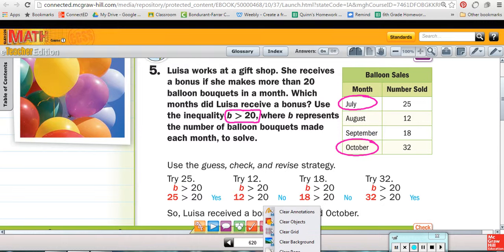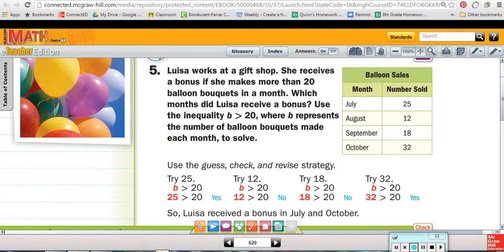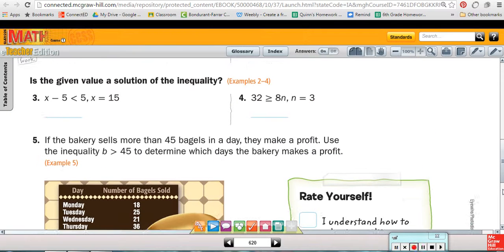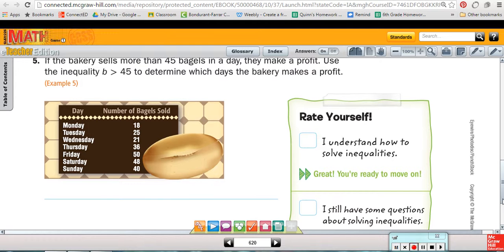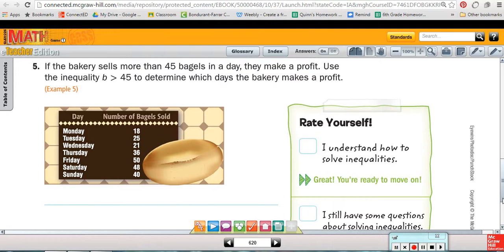Look at question 5 in the guided practice. Underline anything important. What's the key thing that you underlined here? Trevor? True, which tells us it has to be greater than 45, right?